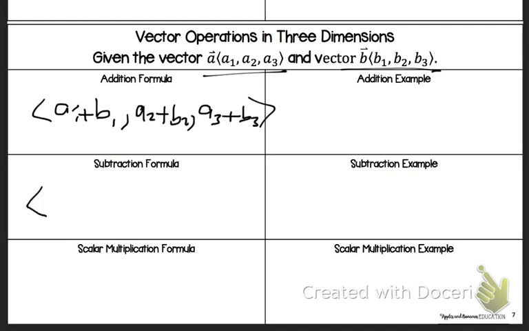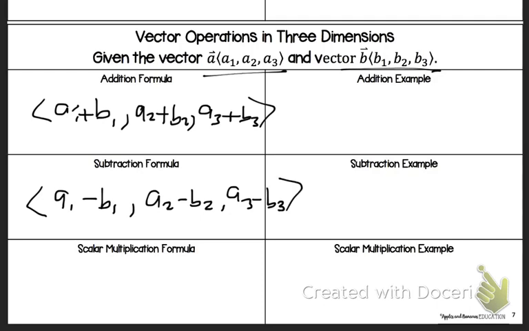Okay, subtraction, a1 minus b1, a2 minus b2 for your y's, a3 minus b3 for the z's.